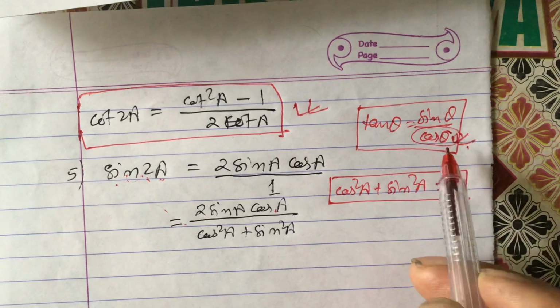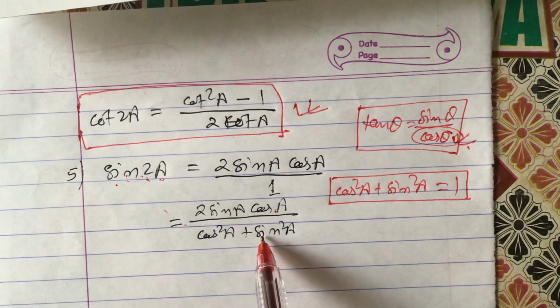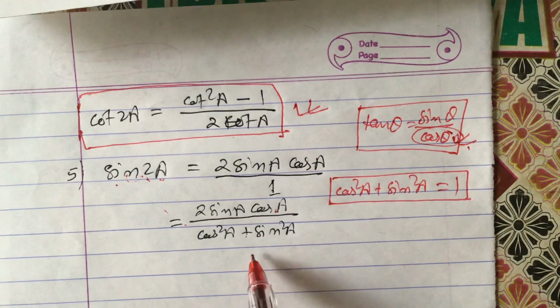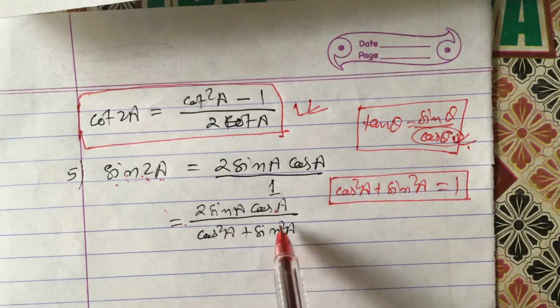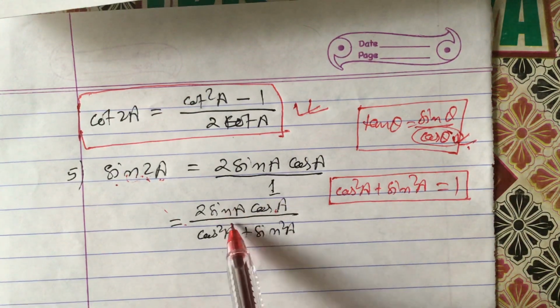Since we need cos theta, we will divide both numerator and denominator by cos square theta. Why square? Here is also square, here also square, here are also two terms. So one of them will cancel, another we can apply formula.